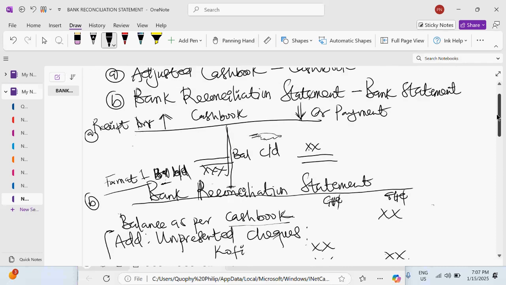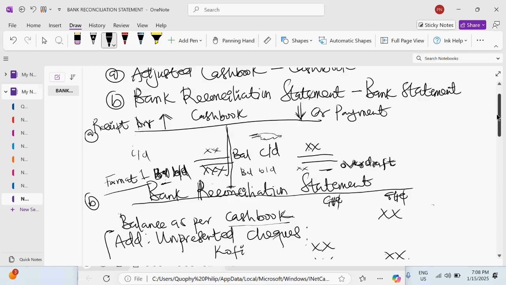If the balance brought down rather comes to the credit side, because the CD was at the debit side, and the BD comes to the credit side, this is called an overdraft. It means you have withdrawn in excess of what you have in your account. So you are owing in your account. You have overdrawn your account. That means it's a negative balance.